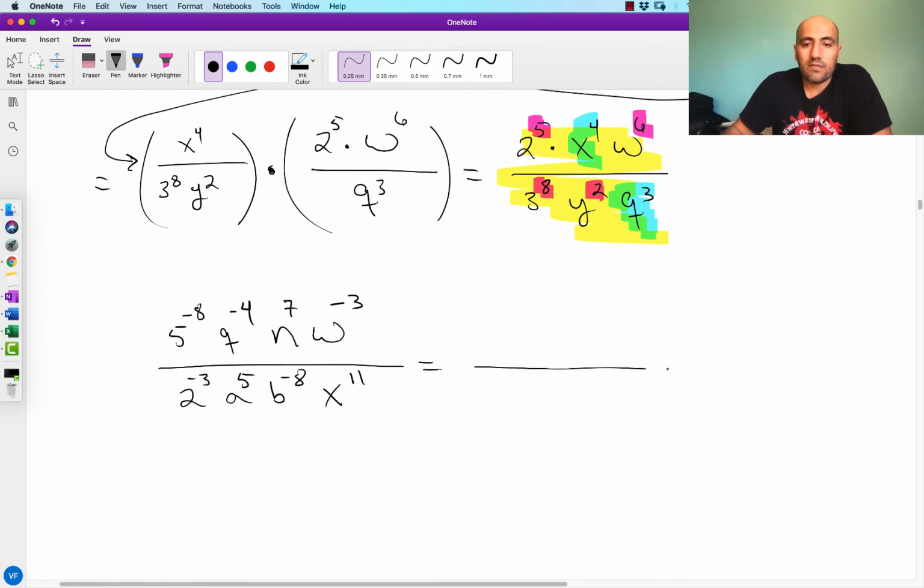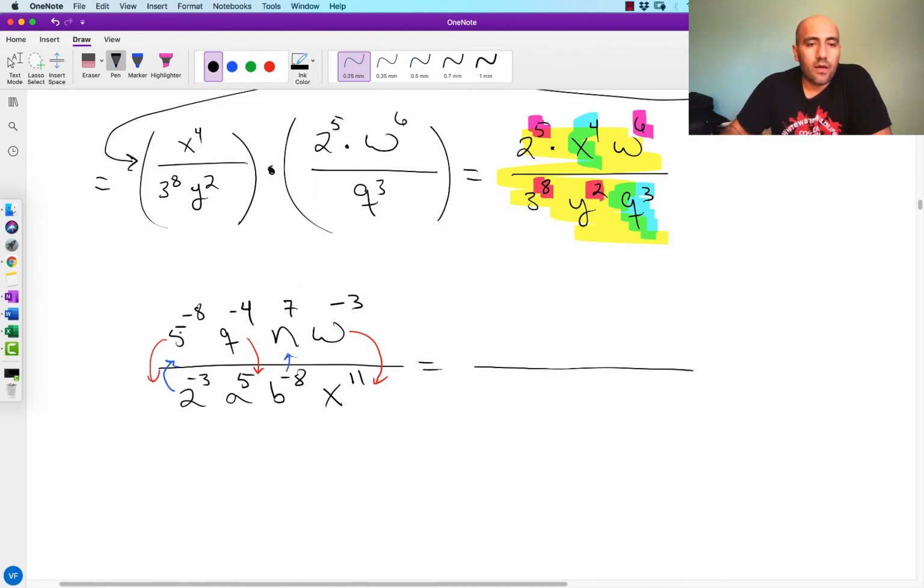Okay, so now to simplify this, I just got to go through. Here's my game plan. All the ones that have a negative exponent are going to be moved down into the denominator. And all the ones that have a negative exponent that are already in the denominator are going to get moved up to the numerator. That's good.